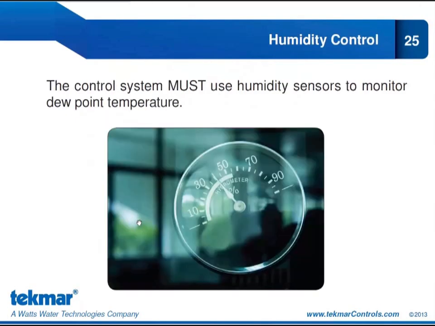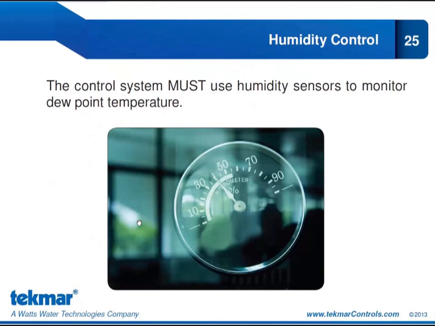The next is that humidity control. We talked about the myth of condensation, and the only way that we can properly control that and make sure that condensation doesn't happen is when we are monitoring the relative humidity in the space so that we can make sure the water temperatures are sufficiently high that condensation never occurs.